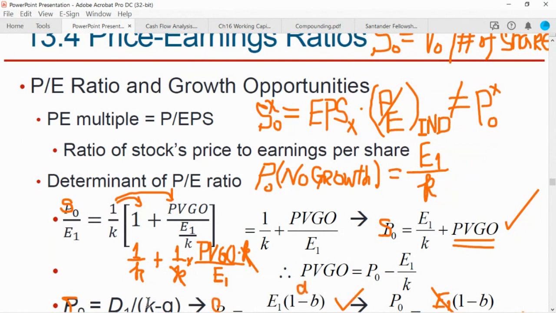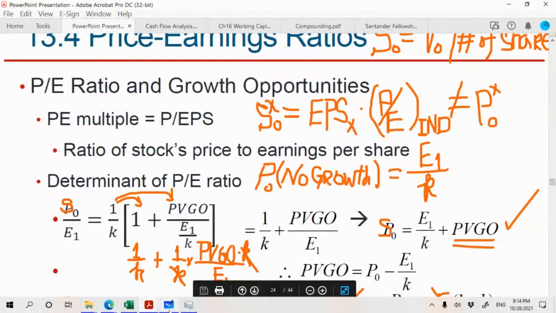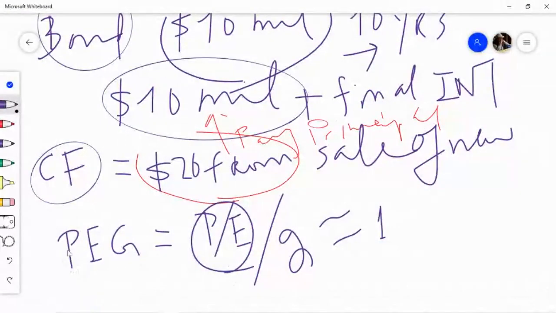So we know, and first of all, I'm going to tell you why the price earnings ratio is very popular. Before the days of the dividend discount model, which actually came out around the 1950s.